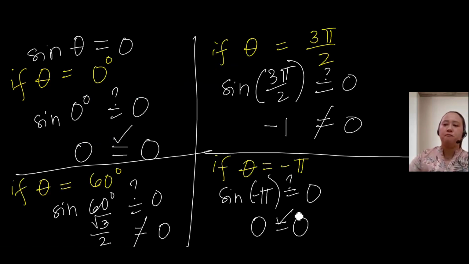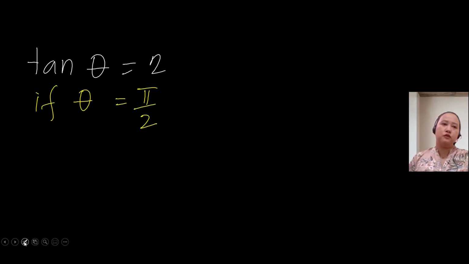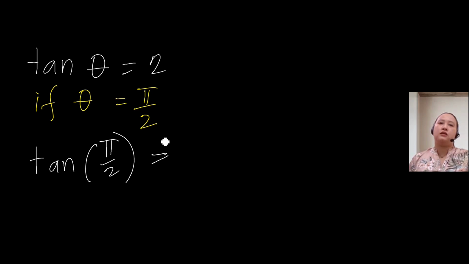Okay, so let us have the next example. The other one is tangent of theta equals 2. For example, if theta equals pi over 2, and you would like to substitute this, the tangent of pi over 2, do you think this is really equal to 2?